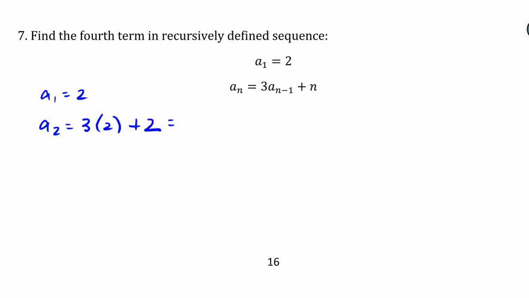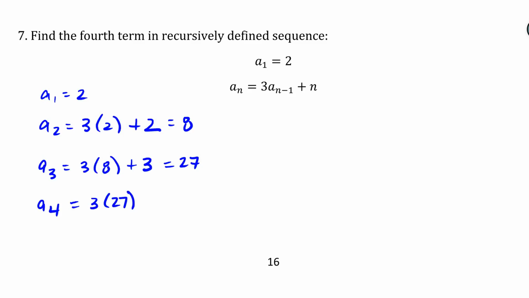So if I do that, I get 8. To find a sub 3, I'm going to say 3 times the previous term plus n. And that gives me 27. Then a sub 4 is equal to 3 times the previous term plus 4, which gives me 85.